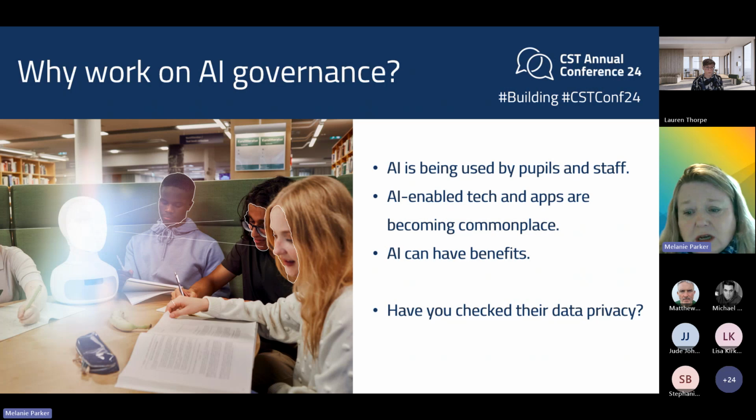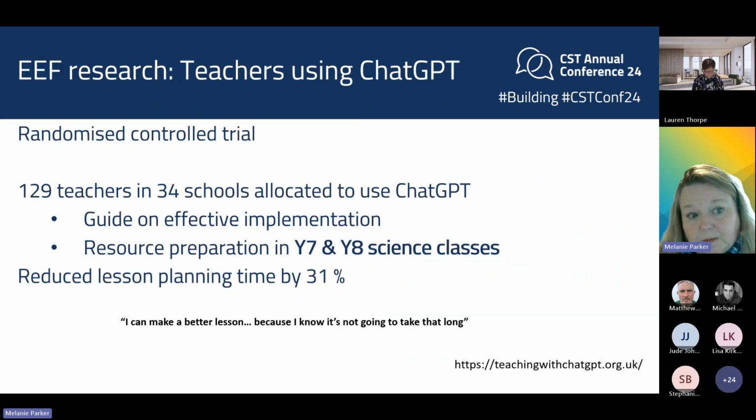And in your trust, are you giving clear expectations to your teachers and your students and the community around what is acceptable use of AI in your establishments? So I think that side of things, there are lots of now information to pull on. I know Lauren's going to be talking about that further, about how they've dealt with it in United Learning.